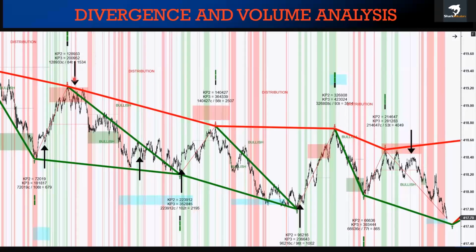Up here, where we did see our positive delta as price rose, they bought 128,000 shares, and we were given our distribution divergence. They were basically distributing them at a rate of 1,534 shares per penny. That's how we read this.